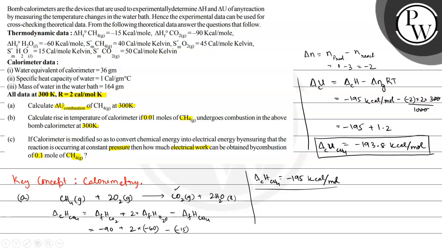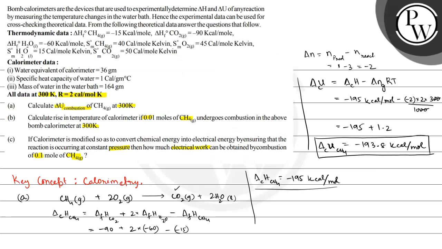Now let us jump to the second question that asks us to calculate the rise in temperature of calorimeter if 0.01 moles of CH4 undergoes combustion. Now first, what do we have to do? We have to calculate how much heat is released. So CH4 undergoes combustion to form CO2. Alright, so the heat released is delta cH of CH4, that is equal to minus 195 kilocalorie per mole. Alright, this is the heat of reaction.